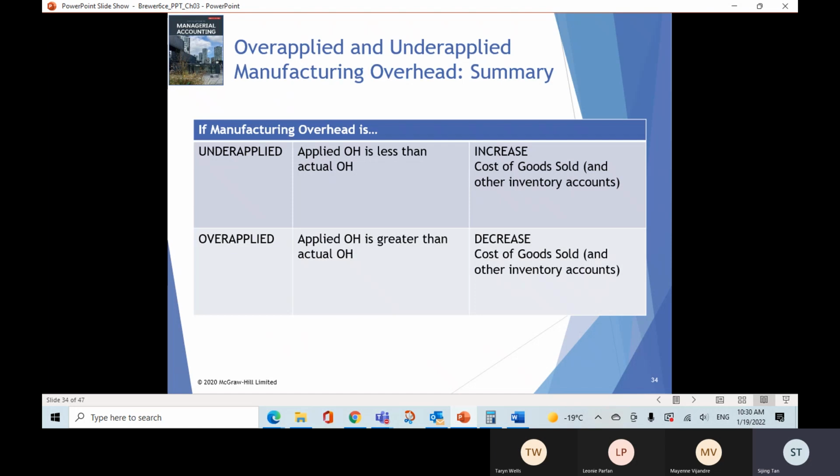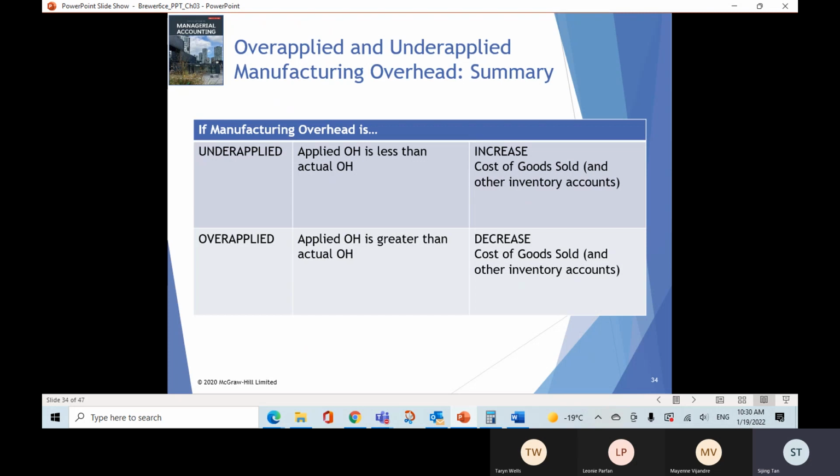Underapplied overhead exists when the amount of overhead applied to jobs during the period using the predetermined overhead rate is less than the total amount of overhead actually incurred during the year. So the estimated amount is less than the actual amount, and vice versa.